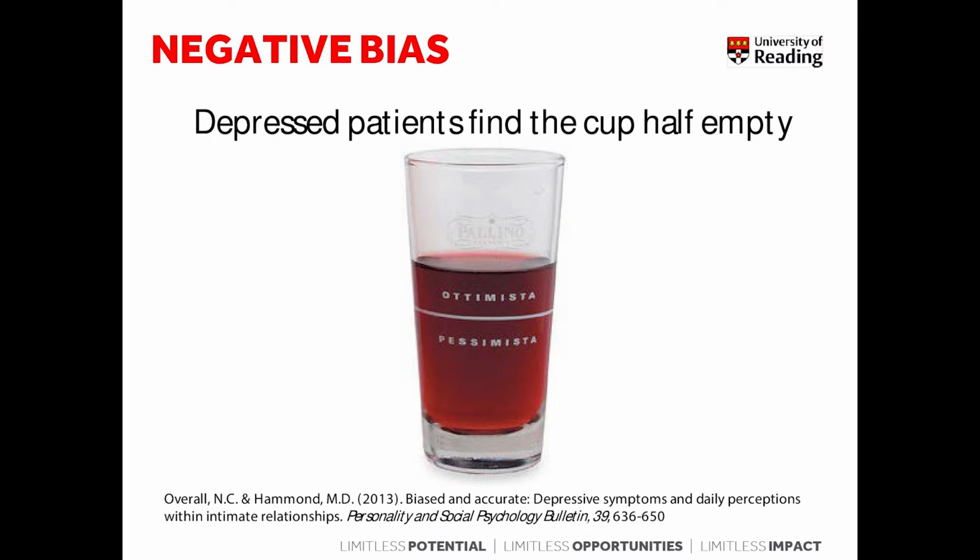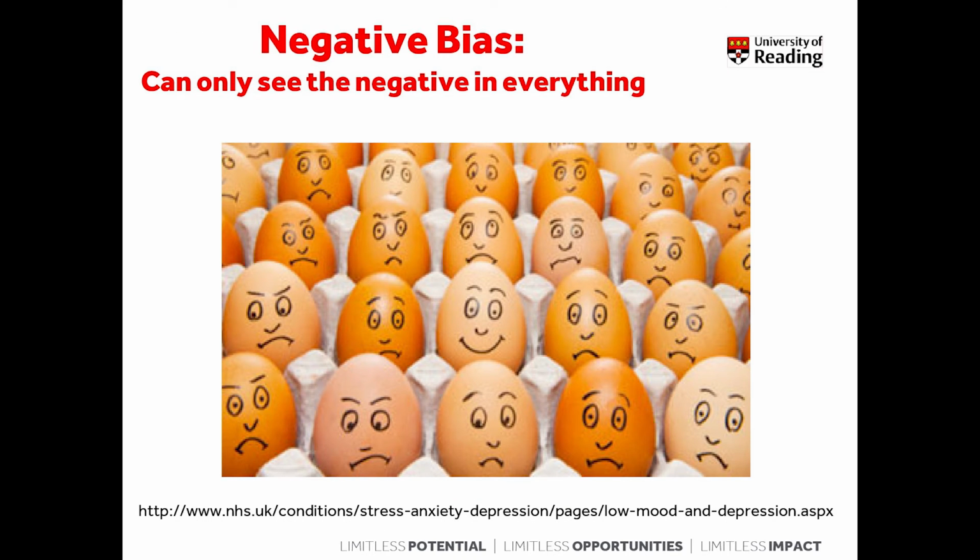So for example, when you see the situation or the cup as half empty rather than half full, and it's mostly described, patients can only see the negative situations both in relation to themselves and to their experiences and their environment.